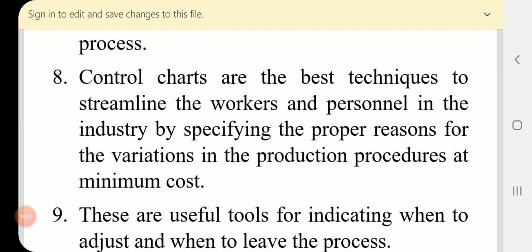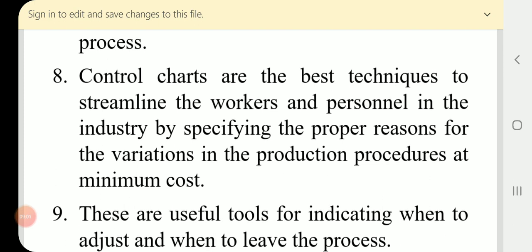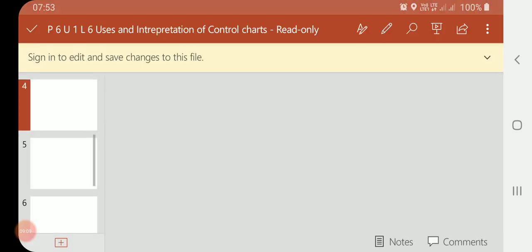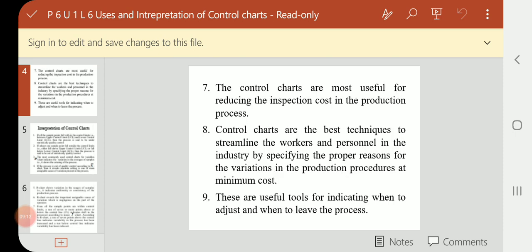We will see the minimum cost later. But we can streamline the workers by giving proper indications to workers and personnel about the points that are to be checked.